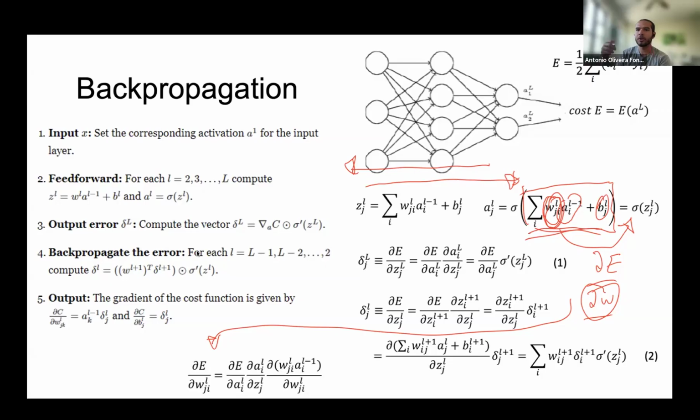What we're trying to understand is how we can leverage the information of error, this quantity over here, for any given set of weights, so we can change the weights to minimize the error. This is the same rationale that we have been using so far.